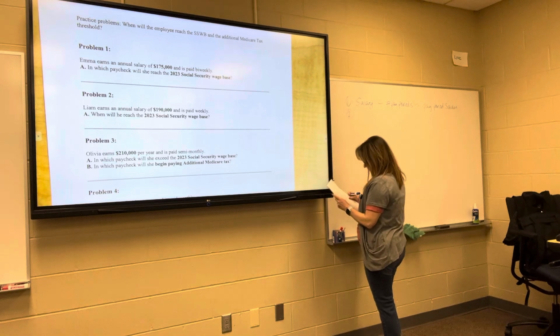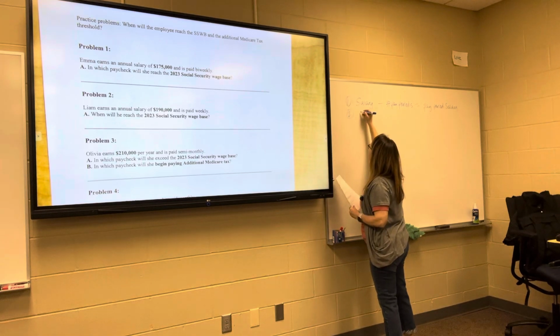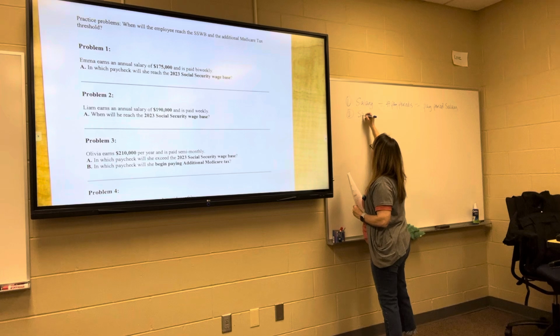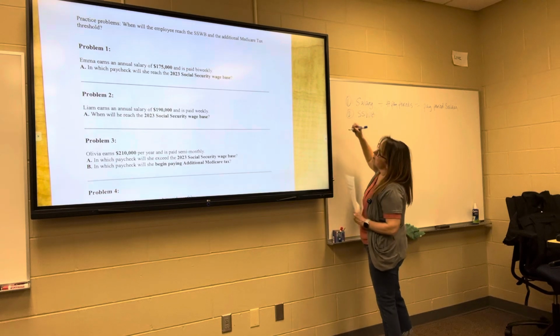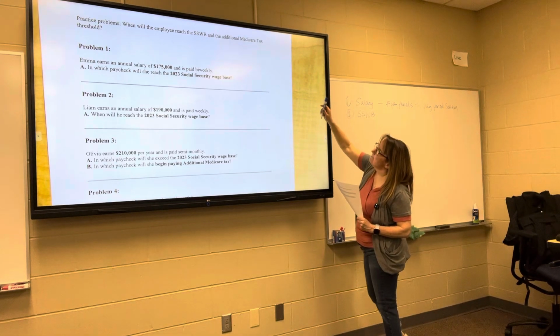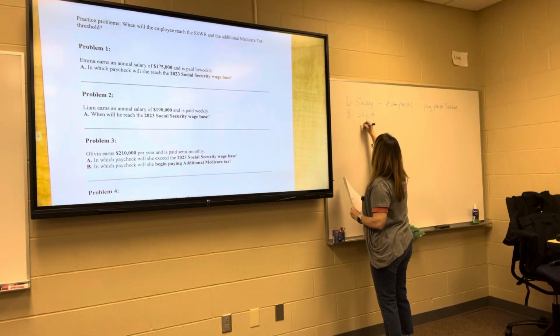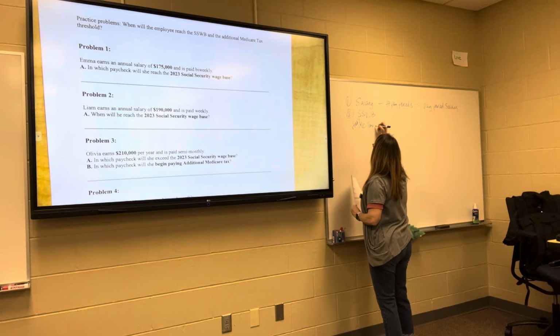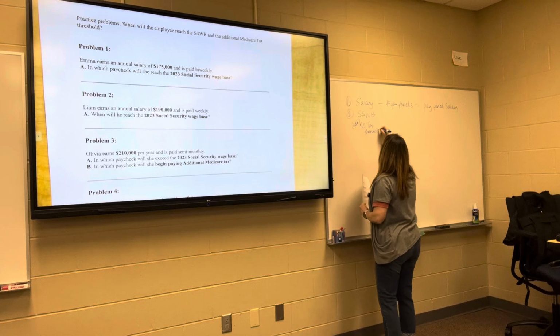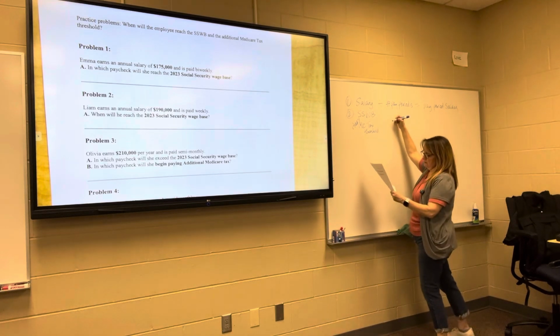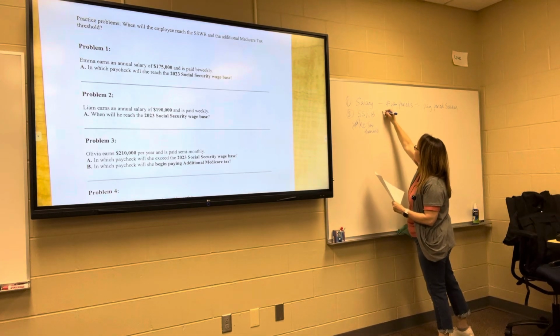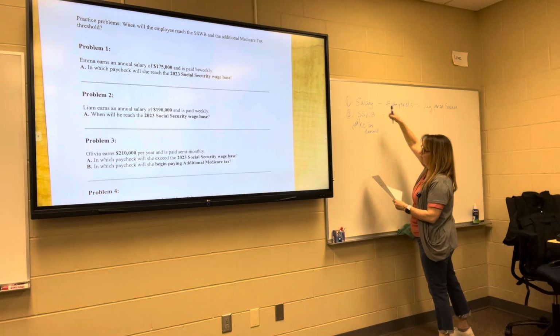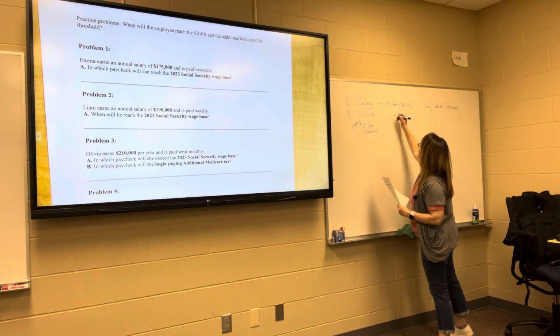Step two, we're going to take the Social Security wage base or the Medicare tax threshold, the additional. It's a lot of words. Divided by, one of these, divided by whichever we're figuring out, the pay period salary.